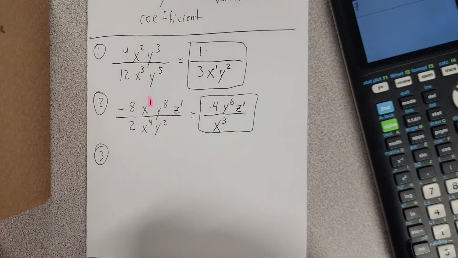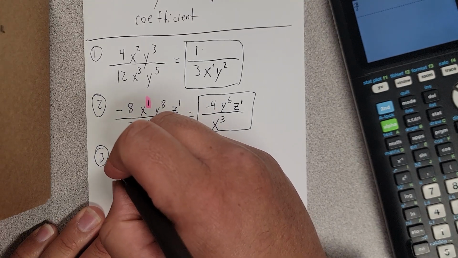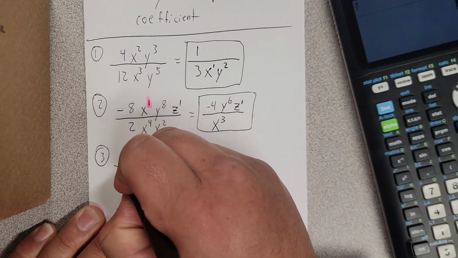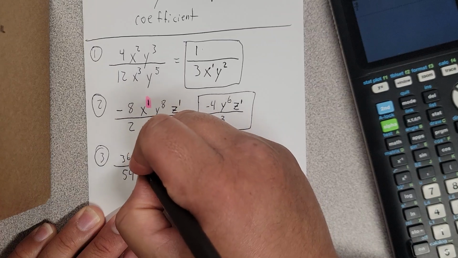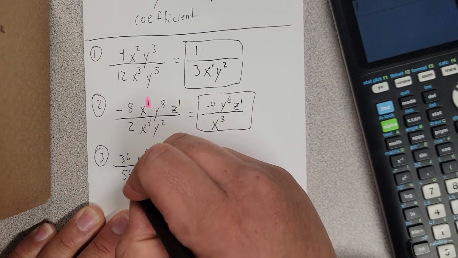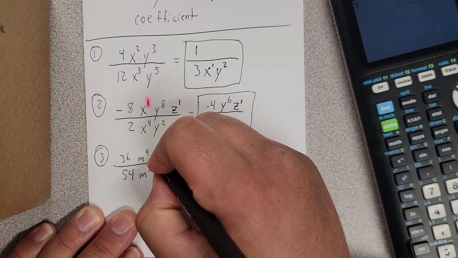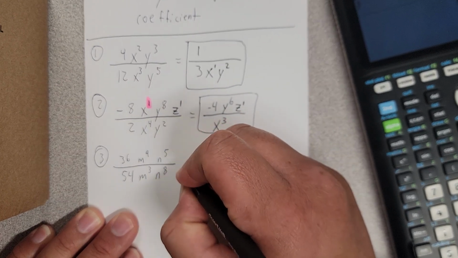All right. Last one. Let's say we got something like a big number, 36 over 54, then m to the 9th, m to the 3rd power, n to the 5th, n to the 8th power.